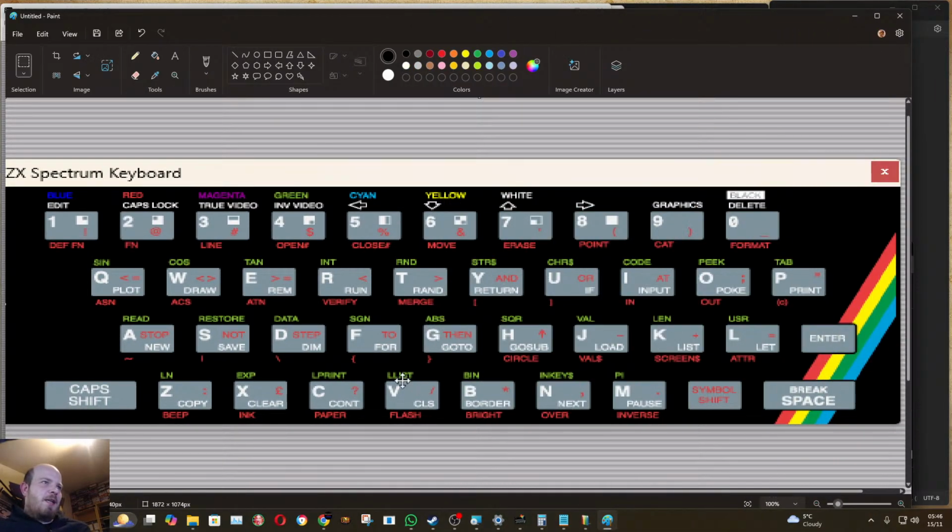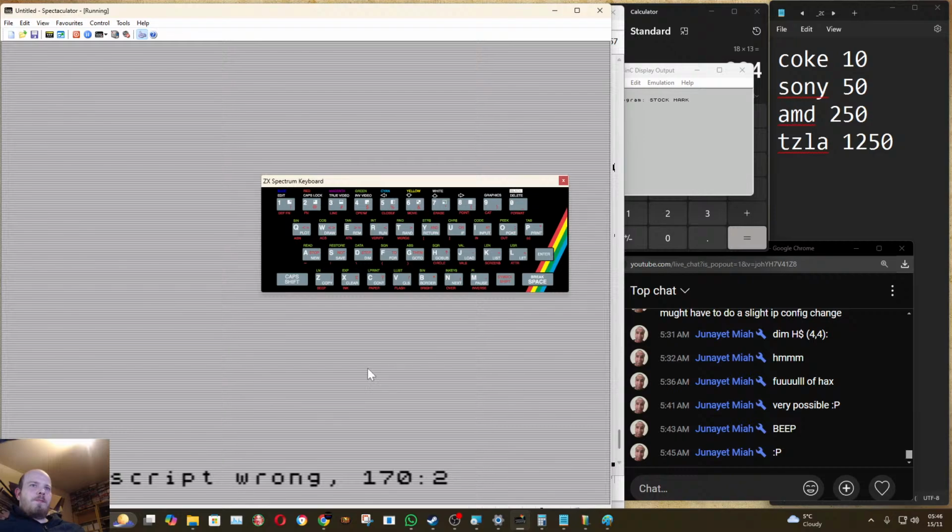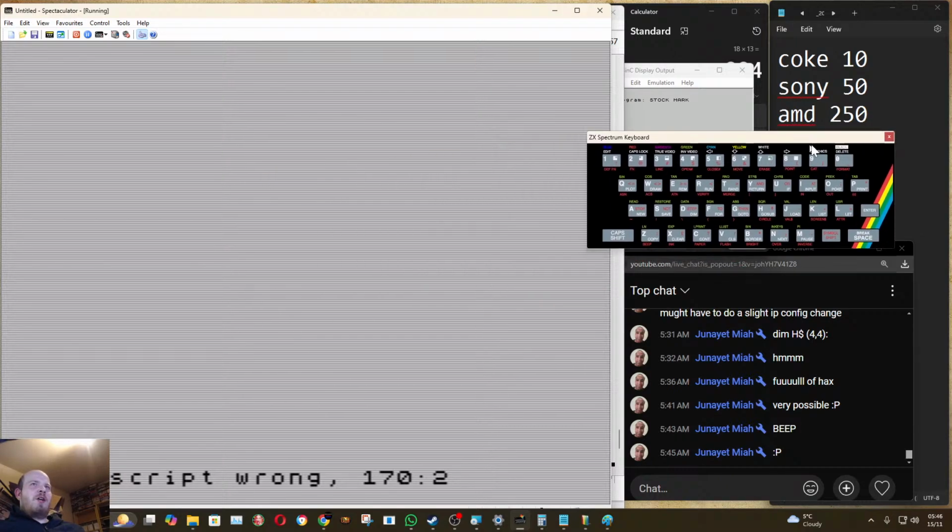So you see, you have L print, L list, bin, in keys, screen, abs, sign, data, restore, read, sin, cost, tan, int, and plot, draw, rem, run. So many different things. But I can show you some basic coding with this, right?